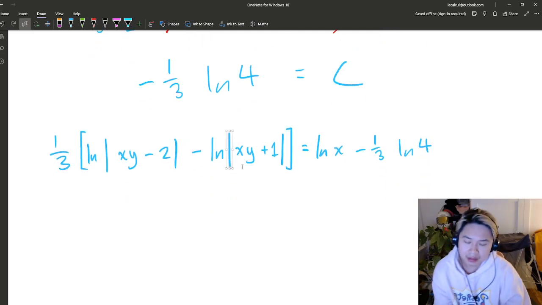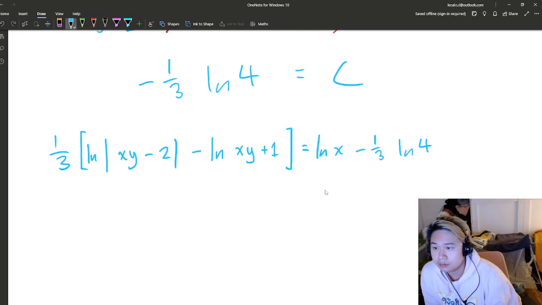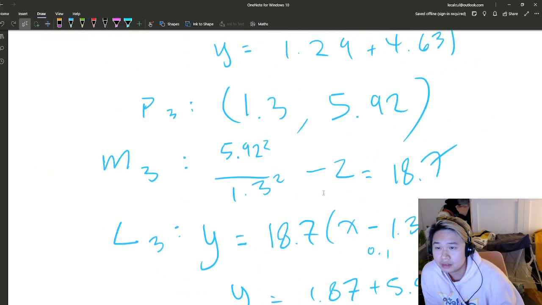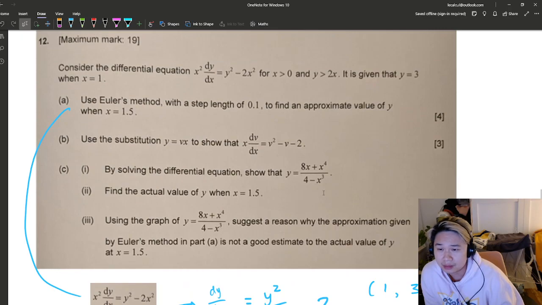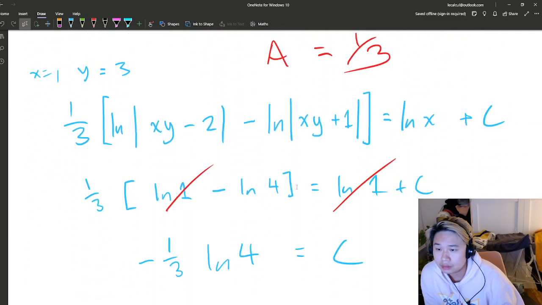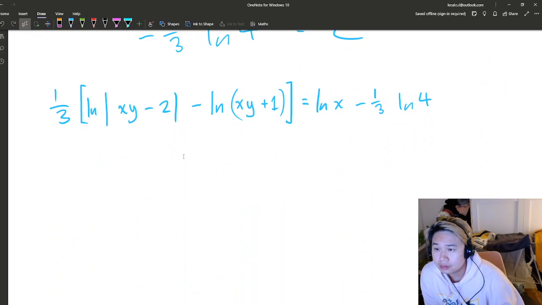Okay, and then these absolute value brackets don't matter because that's always positive. This is disgusting. This is what I don't like about HL papers, the algebraic manipulation stuff. Okay, well, whatever.